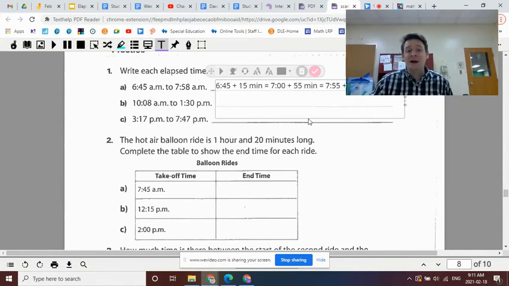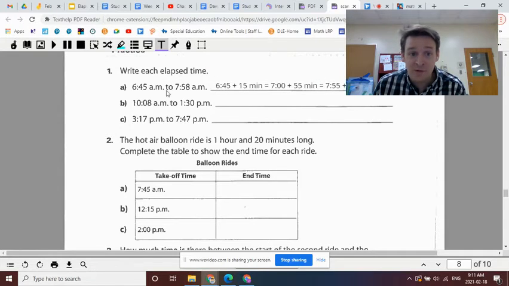To figure out the elapsed time, I need to add up all the jumps I made from 6:45 to 7:58. So I made a 15-minute jump, a 55-minute jump, and a 3-minute jump. So I'm going to take 5 minutes from my 15 minutes and add it to 55 to make 1 hour.